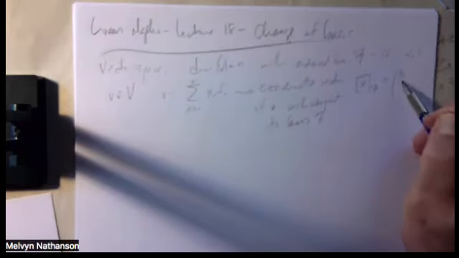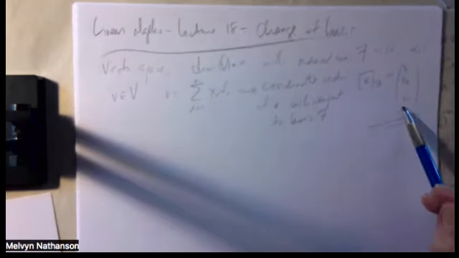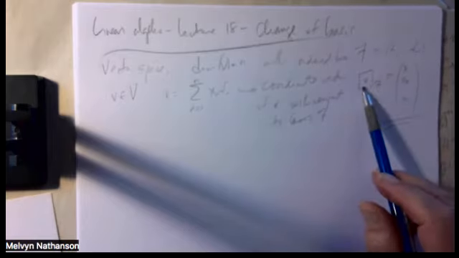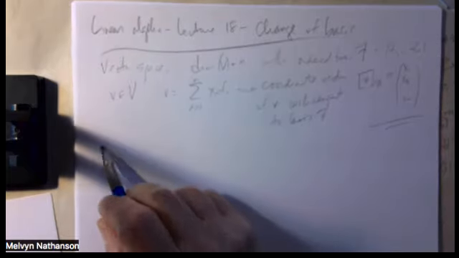And that's just these coordinates, these scalars, x1, x2, up to x sub n. So this does not mean the vector in Rn with these coordinates. These are the coordinates of the vector v with respect to a given basis.